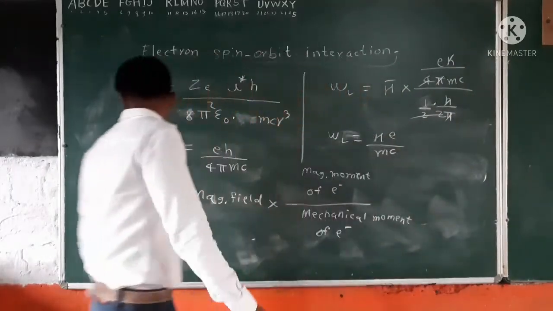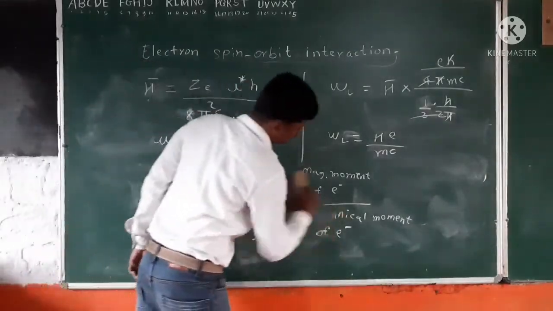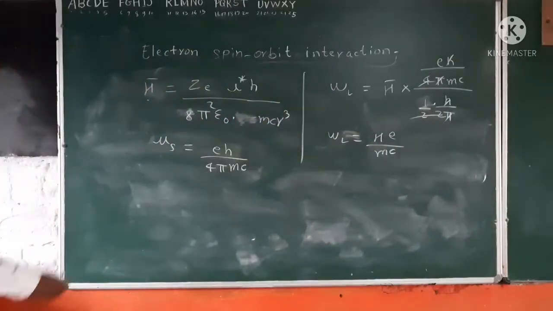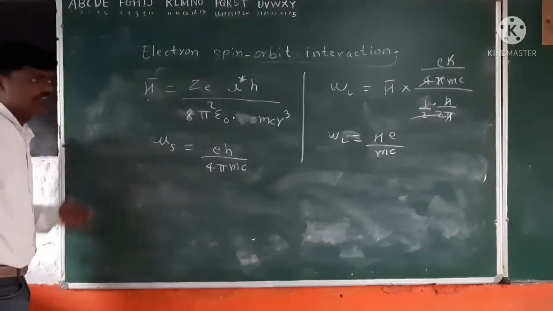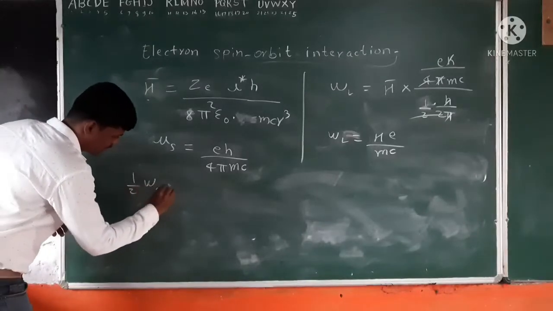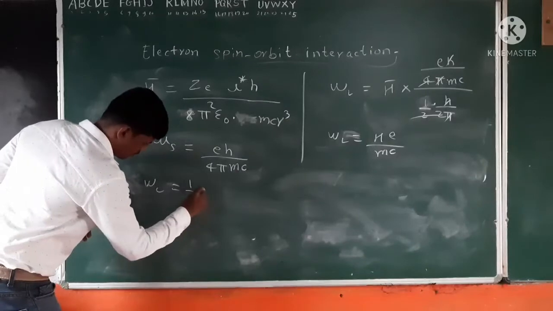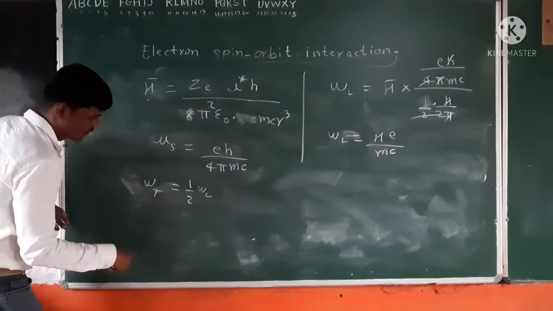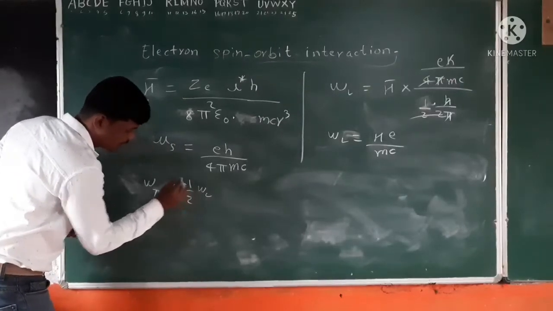Now we have another additional velocity, which is the relativistic angular velocity of the electron around that magnetic field. So we have to add that one also. What is its magnitude? It is half of that omega L, but in the opposite direction, so half of omega L, sorry, it is omega T, in a negative direction.